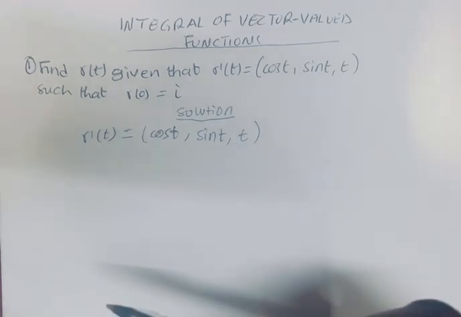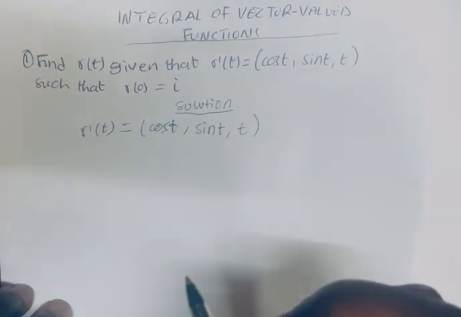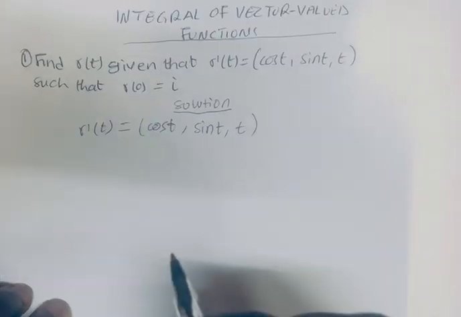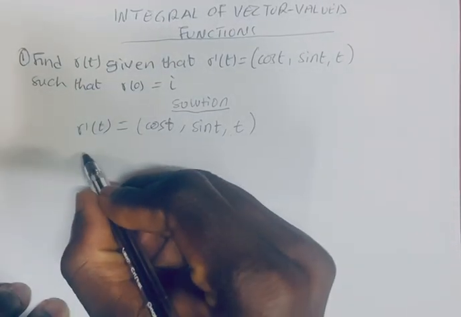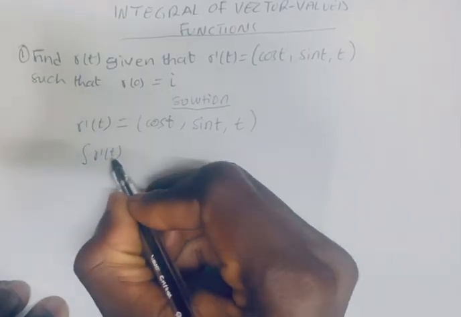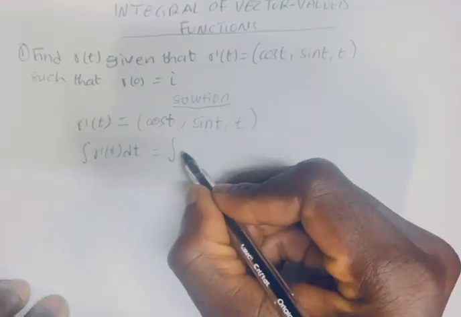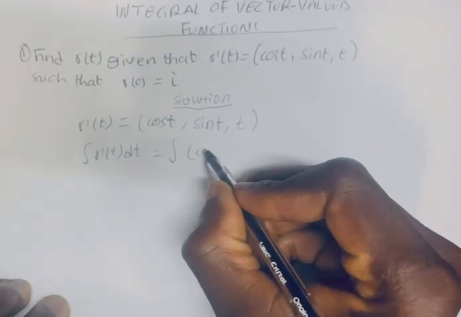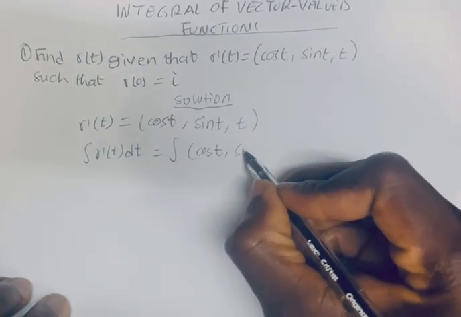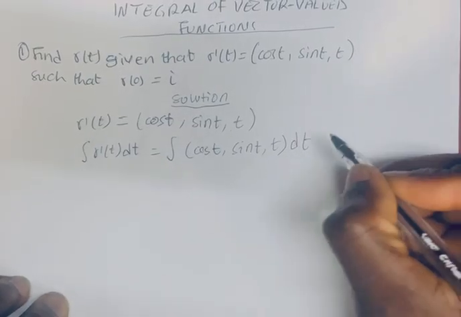In other words, we find the integral of this. By doing that, we are going to introduce the indefinite integral on both sides. So we have the indefinite integral of r prime of t with respect to t equal to the integral of cos t, comma sin t, comma t dt.